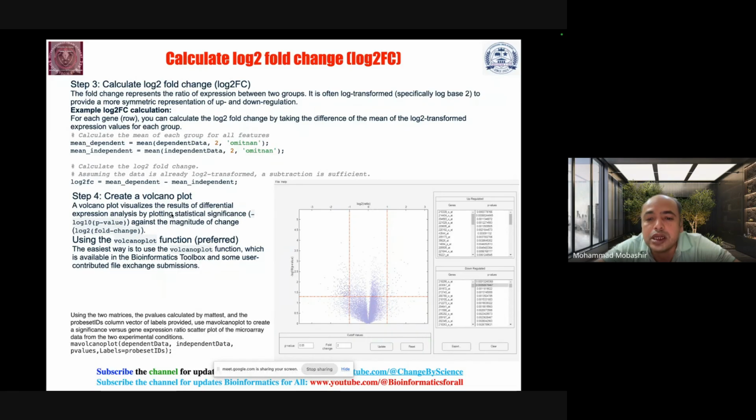But it is you who will decide the visualization style. So, using the two matrices, the p-values calculated by mattest and the probe set IDs, with the column vector of labels provided, use mavolcanoplot in MATLAB to create a significance versus gene expression ratio scatter plot of the microarray data from the two experimental conditions.